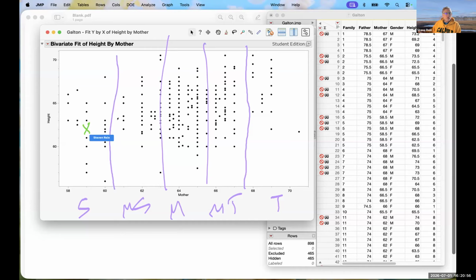And so in the short moms, the average height is maybe a little bit to the right of that location. But I plotted an average. And in the medium short moms, the average height is close to 62. And then the average of the values for daughter's height is a little bit higher. In the medium heighted moms, the average height there actually, well, let's put the average there.